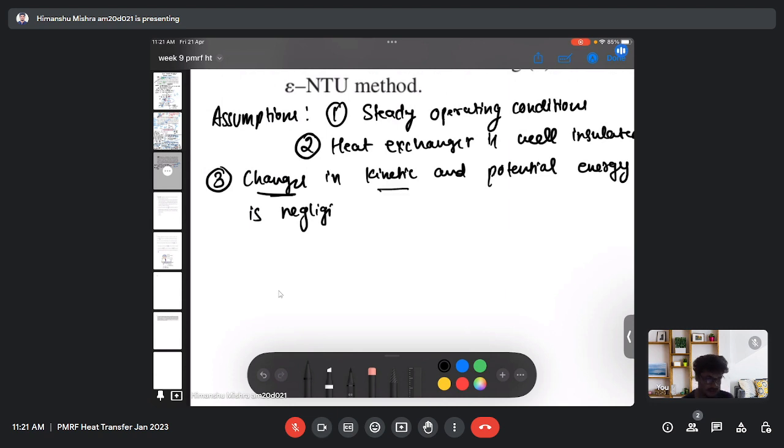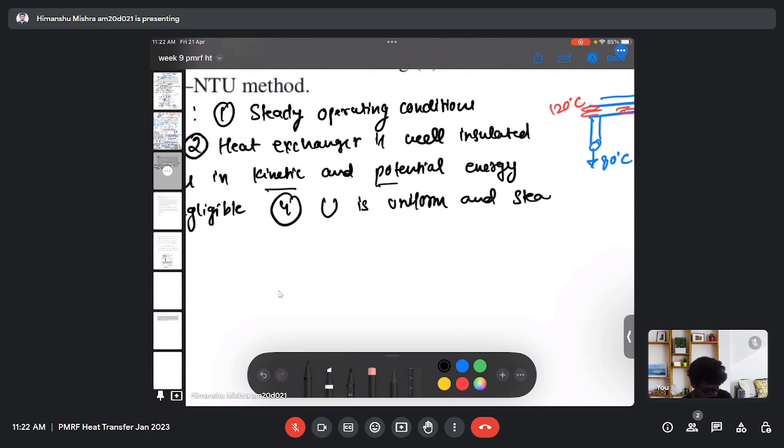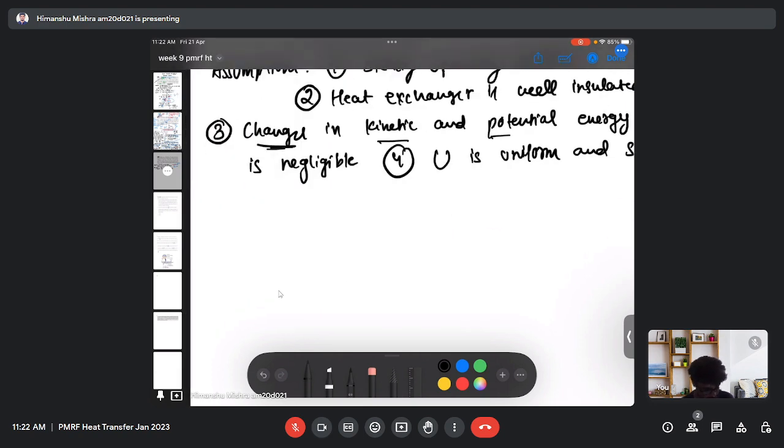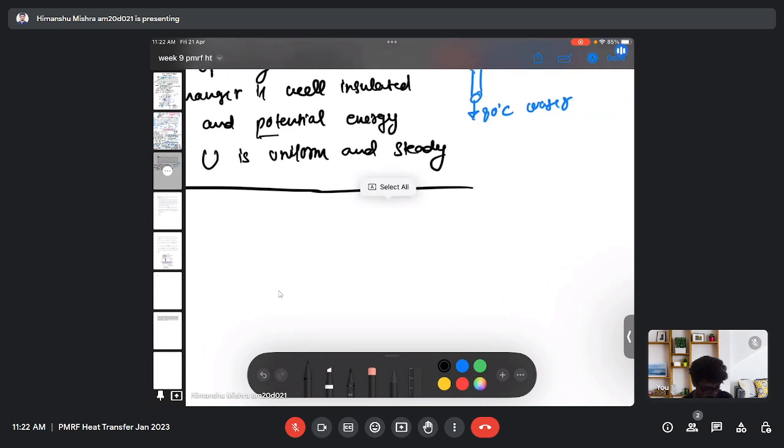I'm not saying kinetic and potential is negligible. The change in the kinetic and potential energy is negligible. And my overall heat transfer coefficient is constant, steady, uniform. So we already have now some basic assumptions here.